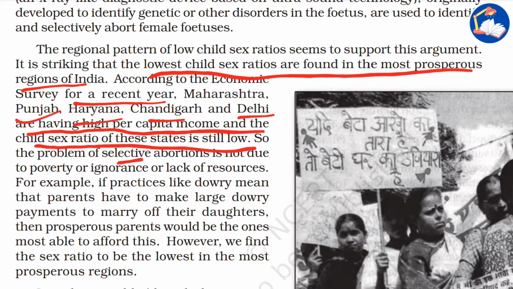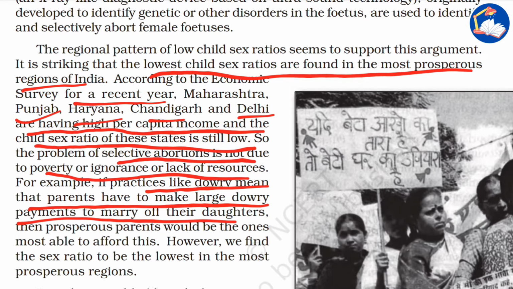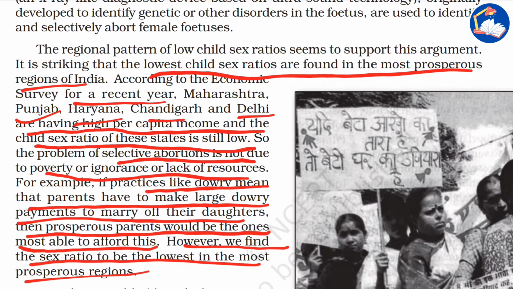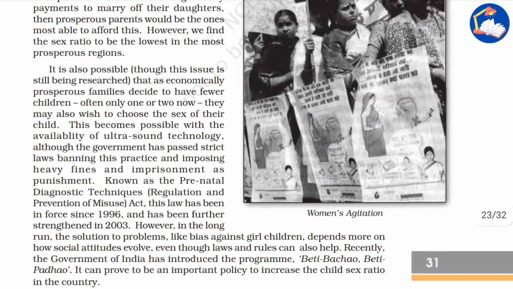So the problem of selective abortions is not due to poverty or ignorance or lack of resources. For example, if practices like dowry mean that parents have to make large dowry payments to marry off their daughters, then prosperous parents would be the ones most able to afford it. However, we find the sex ratio to be the lowest in the most prosperous regions.